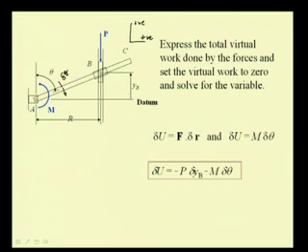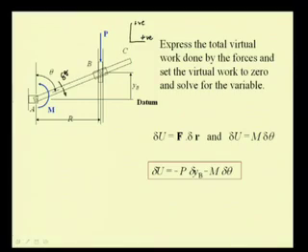So, we have minus M delta theta, because the moment and the positive virtual displacement are in the opposite sense. So, the angle between these two vectors is pi. So, cos pi is minus 1. So, we have minus M delta theta. So, this gives the expression for the total virtual work done by the force as well as the moment that is occurring in this system.